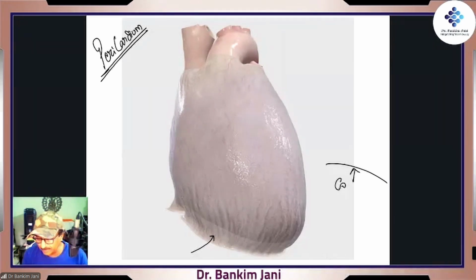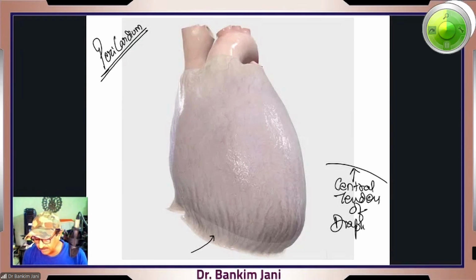Its name is the central tendon of diaphragm. This central tendon of diaphragm goes in continuation with this pericardium. So that's the reason that when the diaphragm moves up or down, the heart also moves up and down. Pericardium is divided into two parts.